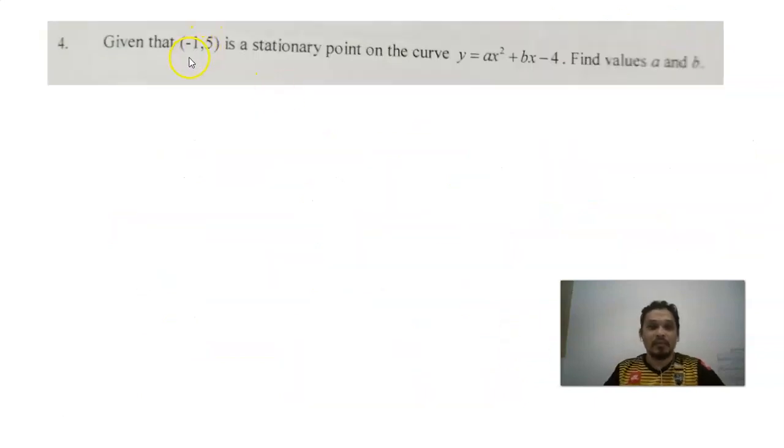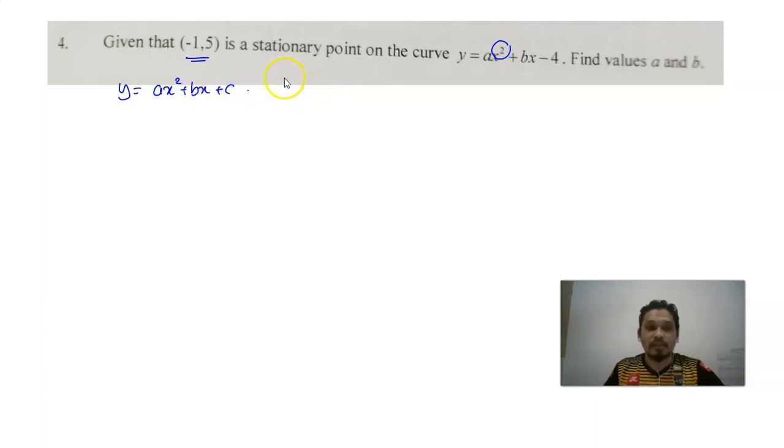Given that (-1, 5) is a stationary point on the curve of y equal to a quadratic. Okay, let's refresh our memories about the topic of quadratic functions and graphs. y equals ax squared plus bx plus c.